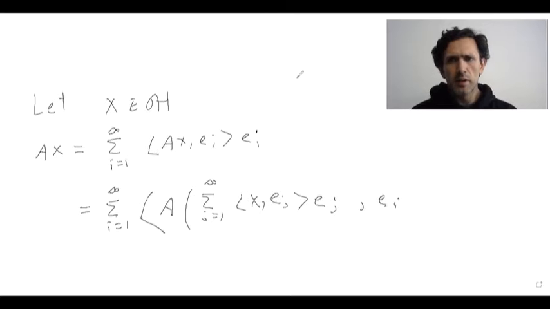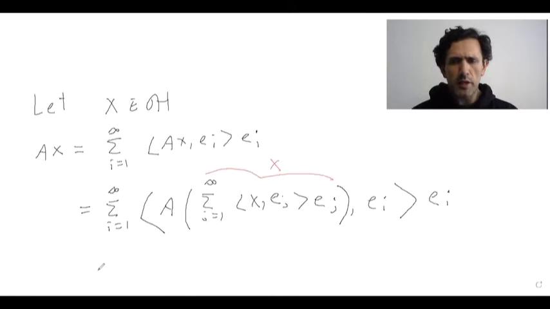Right, so let me use continuity of A. So yeah, of course, as I said a second ago, this here is what X is, the sum of <X, e_j> e_j.